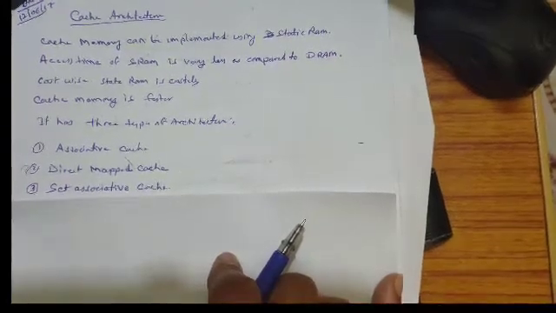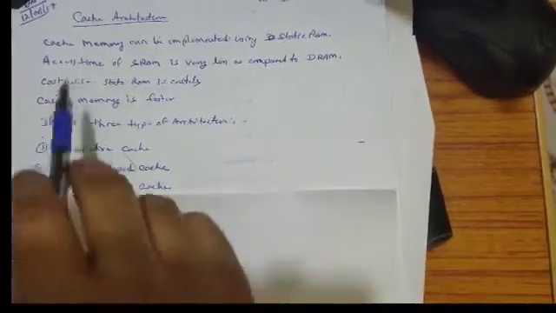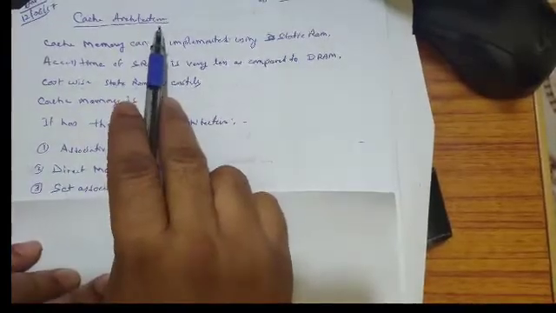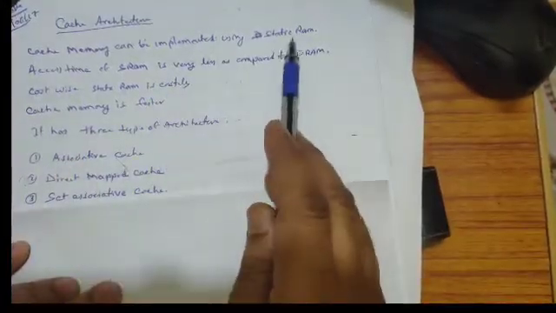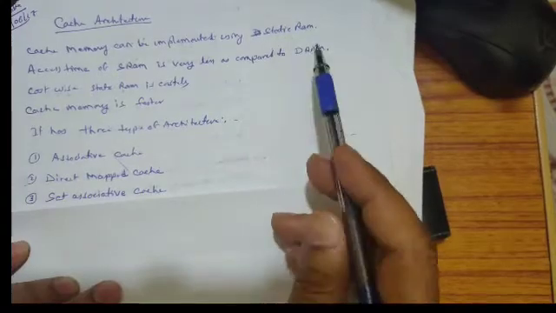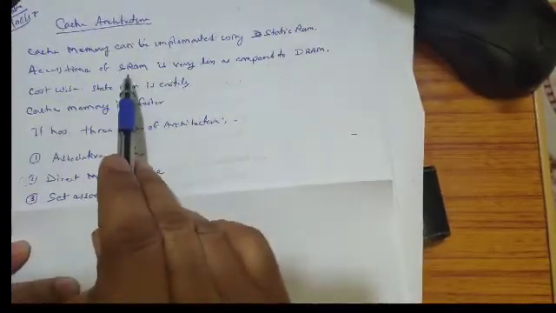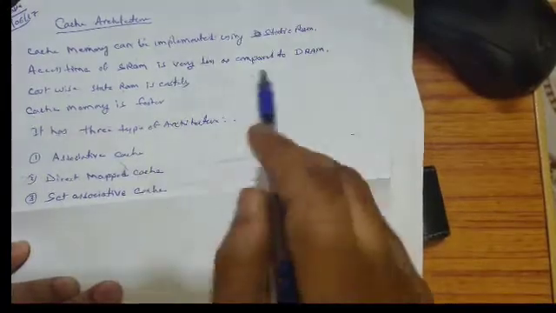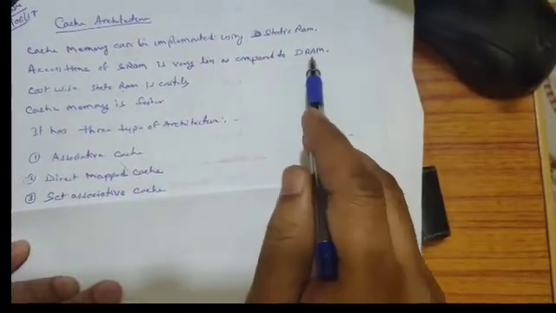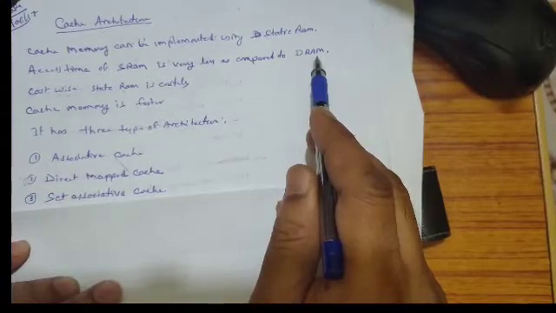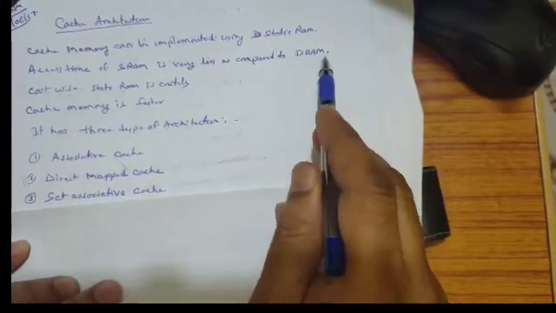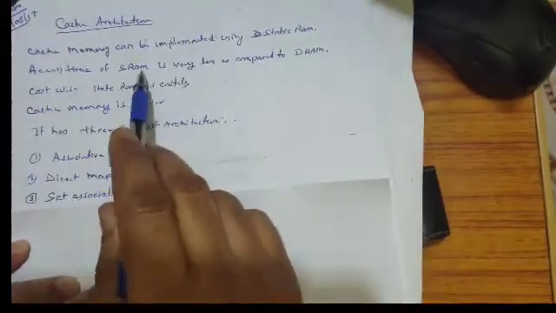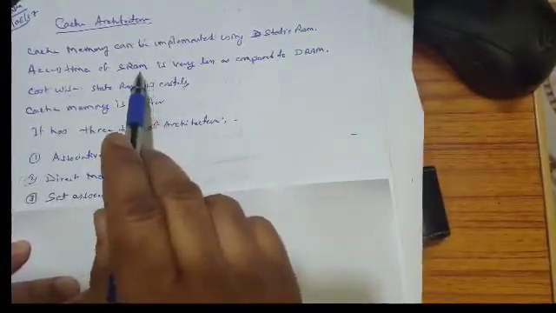Okay, in today's lecture we are going to study cache architecture. As we know, cache memory can be implemented by static RAM because its access time is much faster compared to DRAM, the dynamic random access memory, because DRAM needs refreshing of the content, whereas static RAM does not need refreshing of the stored content.